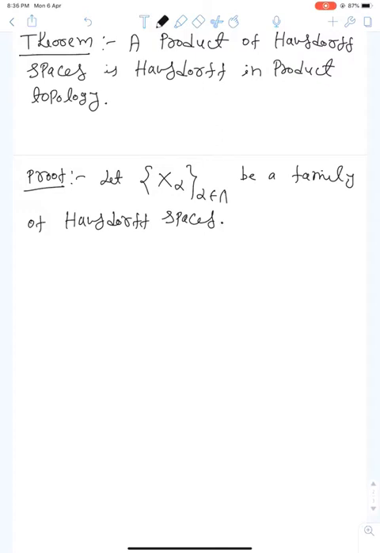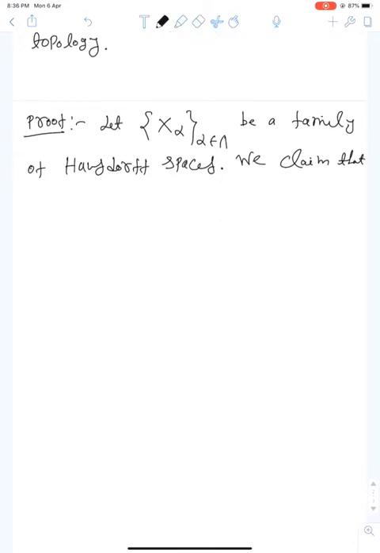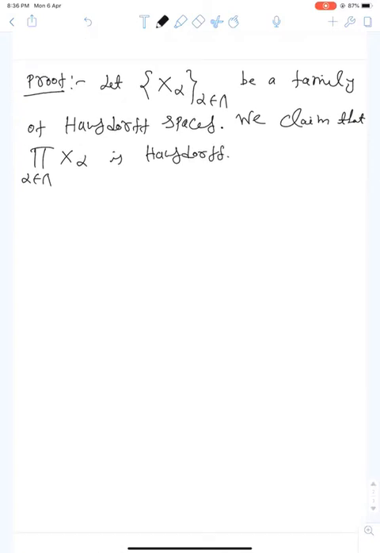And we claim that the product of X alpha is Hausdorff. So we choose two different points from this topological space, right? So let x, which is just x alpha, and y, which is just y alpha, belong to this product.